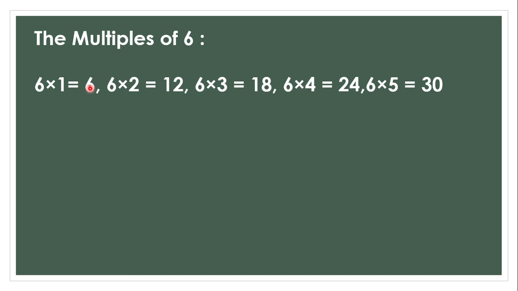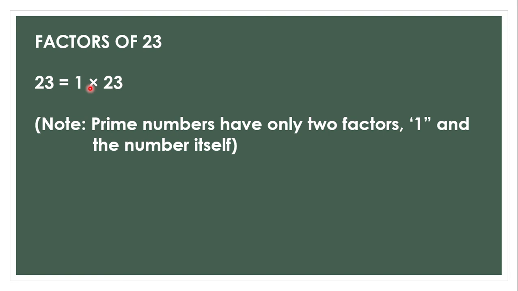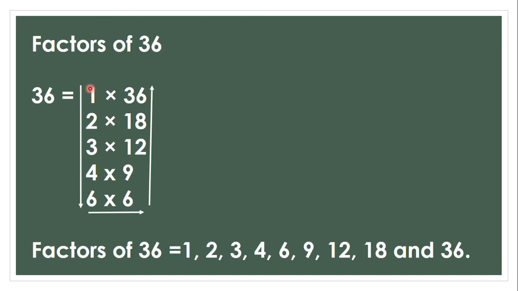Okay, and we can see in the back slides. Suppose we take 36, the greatest factor of 36 will be 36 itself, and other factors will be smaller than 36, and it will have a limited number of factors.